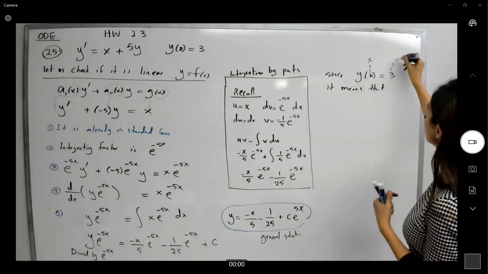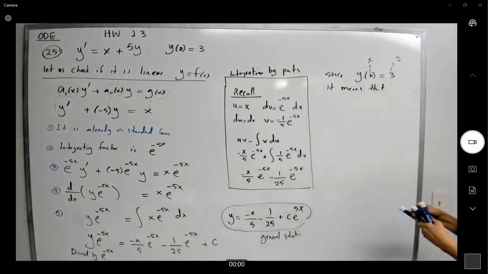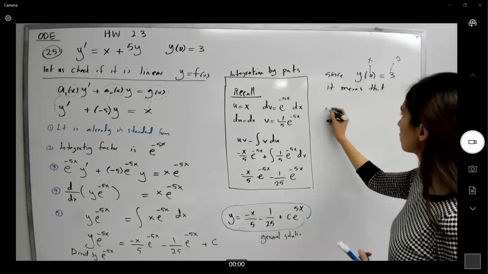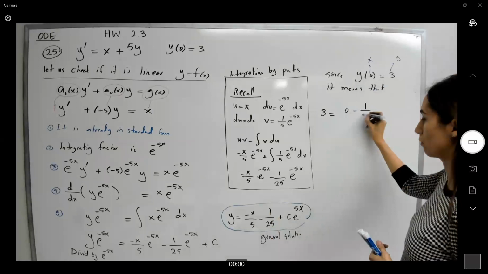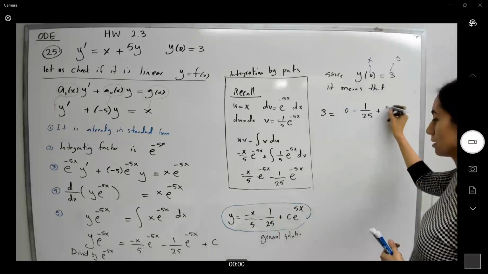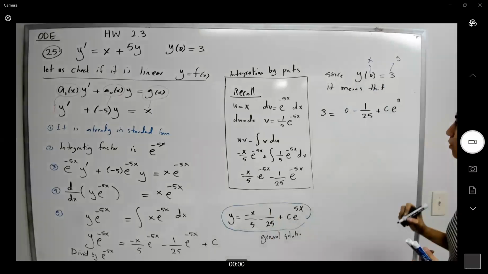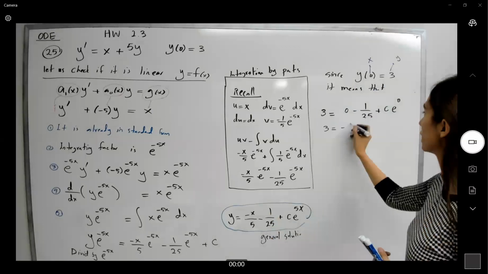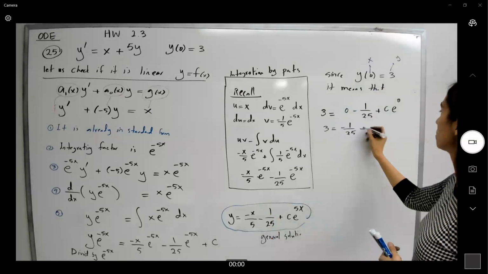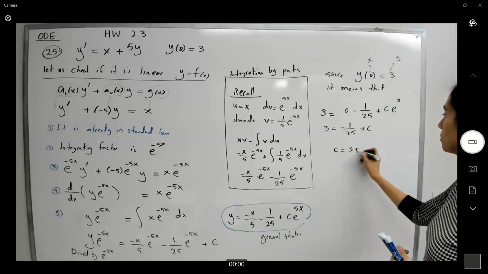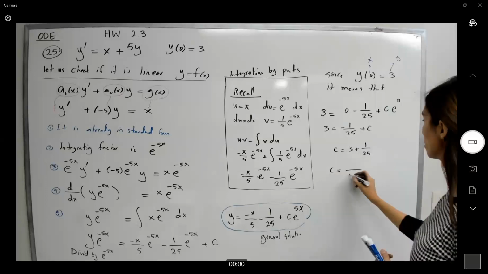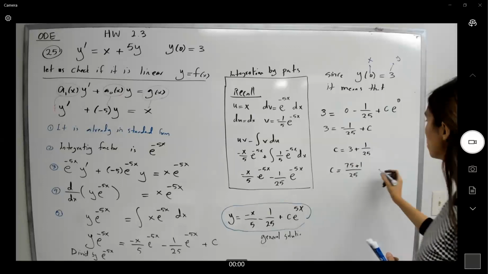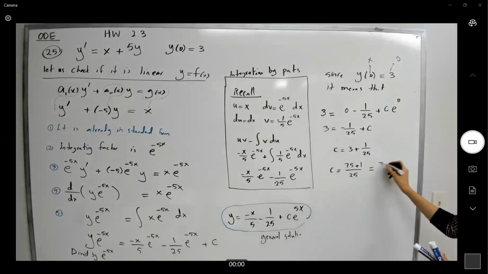On the left hand side, you get 3. On the right hand side, you get 0 minus 1 over 25 plus c e to the 0. So 3 is equal to negative 1 over 25 plus c. So c is 3 plus 1 over 25. Let's do the algebra: 75 plus 1 over 25. So c is equal to 76 over 25.